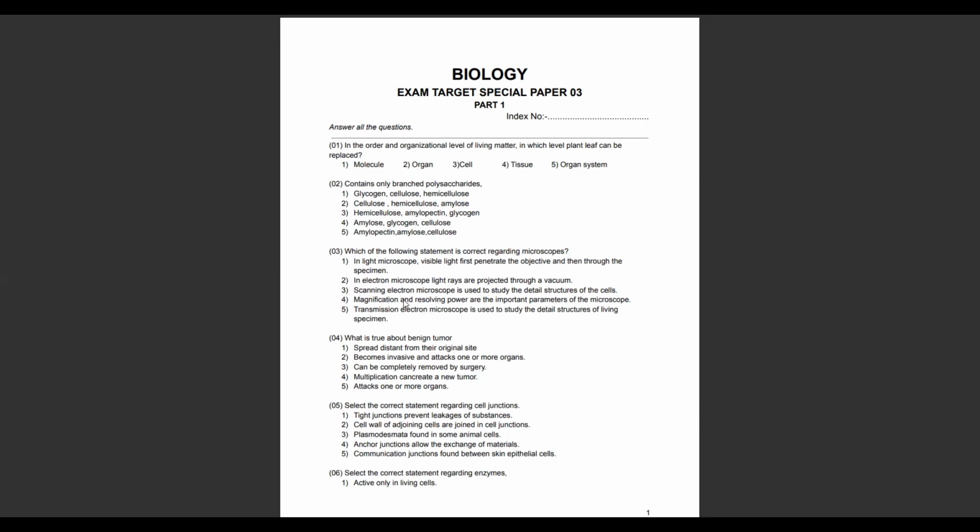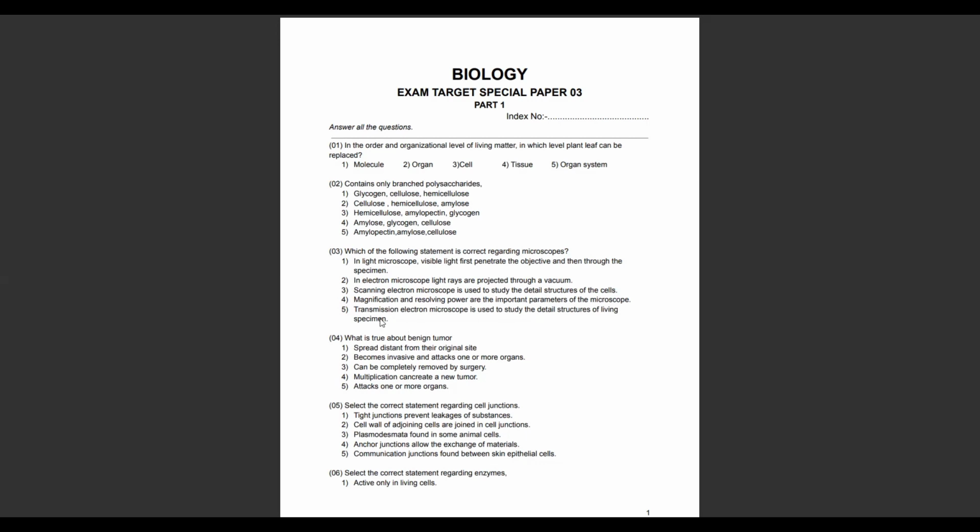Third one: the scanning electron microscope is used to study the detailed structure of the cell. No, the scanning electron microscope is ideal to observe the surface view, the three-dimensional appearance of the specimen. So from that, we can't study the detailed structure of those cells. So that answer is also incorrect.